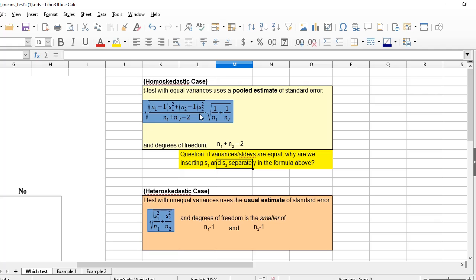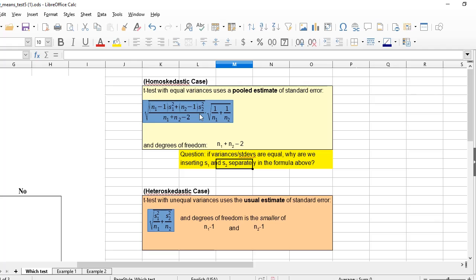So as you look at this formula, it's kind of complicated, but I'll just walk you through it really quick. You're going to do the degrees of freedom of n1 times the variance of n1, add the degrees of freedom times the variance of n2.